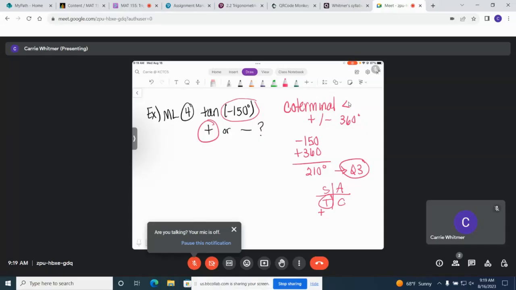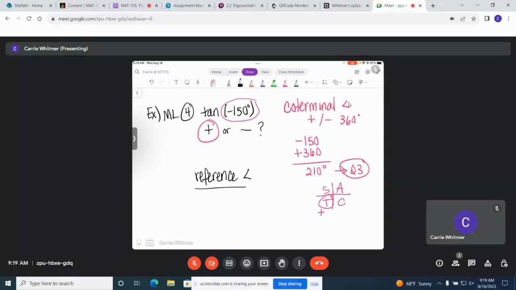And the reference angle can now be found because since I know it's in quadrant 3, my quadrant 3 formula to find the reference angle is to take the angle, which is 210, and subtract 180.